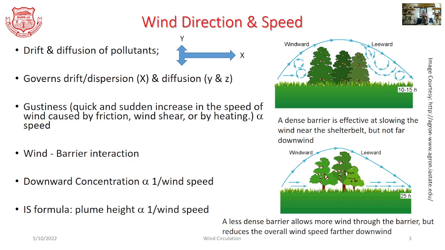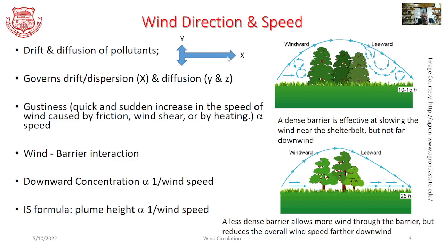We should also consider the concept of the direction and the speed in view of the movement of the pollutant. As we consider the x direction and y direction, as the pollutant is emitted from a certain source, it would be drifted in the direction of x.